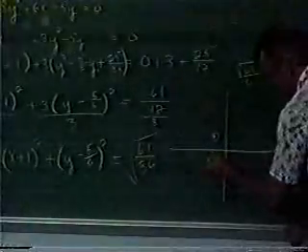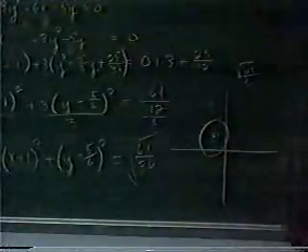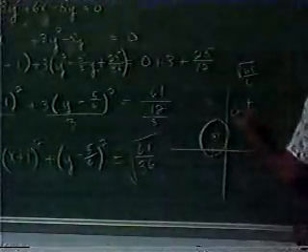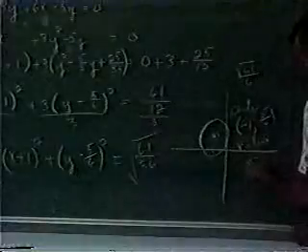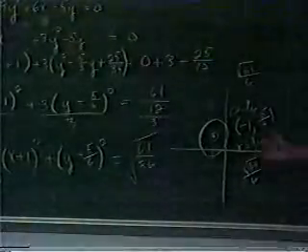So that radius is something like this. And so we have this circle, whose center, and you need to learn to write these down, is (minus 1, 5/6), whose radius is the square root of 61 over 6. And then you graph it.